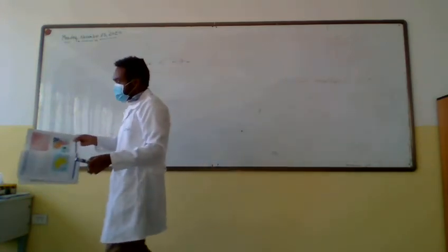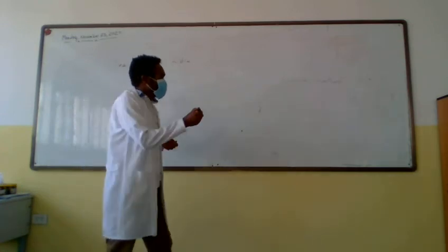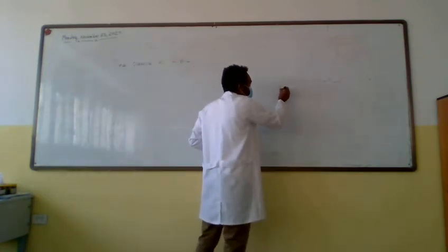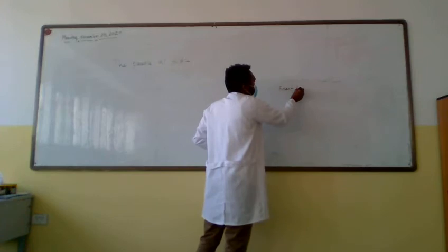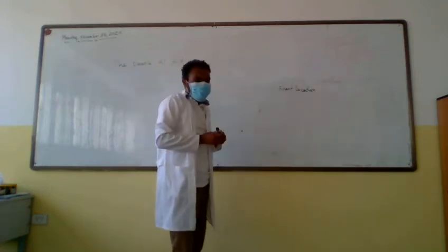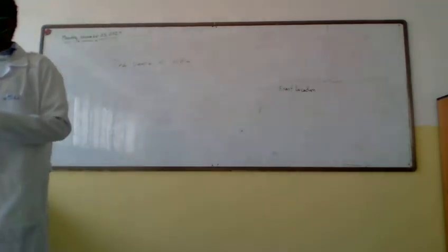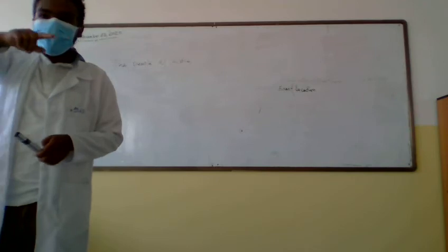But absolute location refers to the exact location of a place. When you see maps, you can get different coordinates.